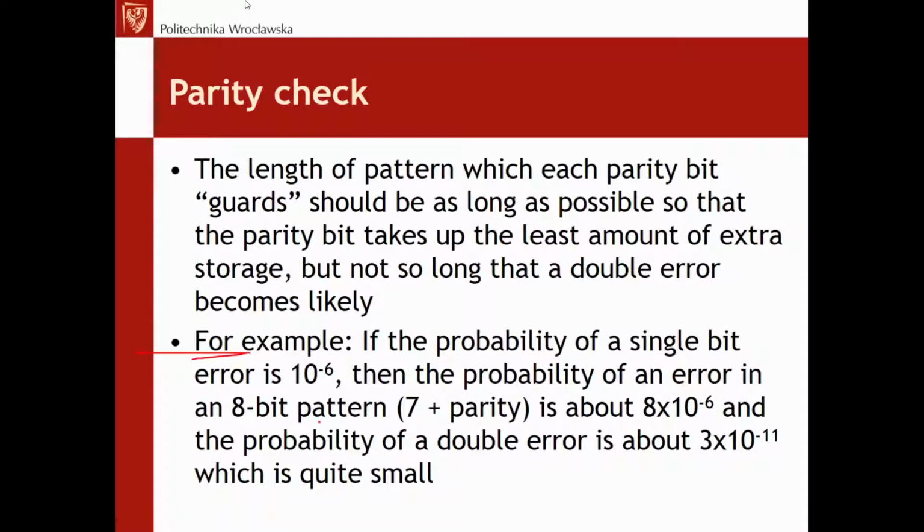The example, how much does it give us? Was the detection capability in numbers? Theoretically, you can see here. If the single bit error probability is 10 to minus 6, then the probability of the error of the 8-bit channel with a parity check is 8 times 10 to minus 6, but the possibility of a double error is much lower.